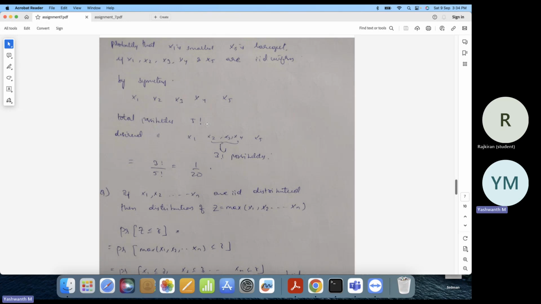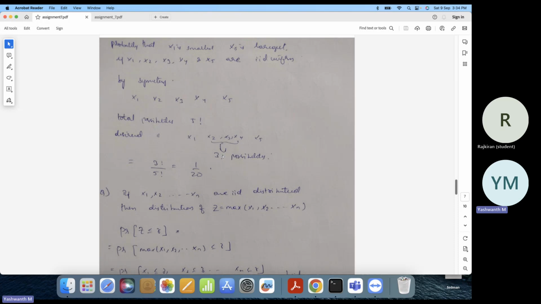And now what we want is, so here the desired event is this thing. I want x1 to be smallest, and I want x5 to be the highest, right? And I want these three random variables to be free anywhere in between, such that they are greater than x1 and less than x5.